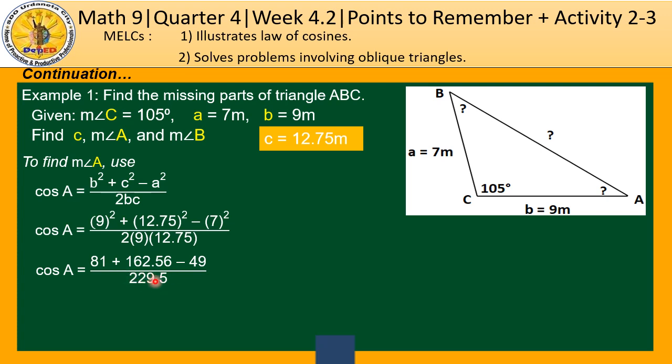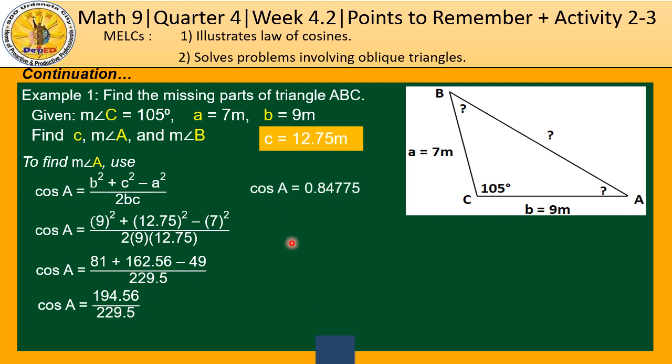This is the product of these 3 numbers. Then we will add, then subtract rather. The result will be 194.56. Then copy the denominator.